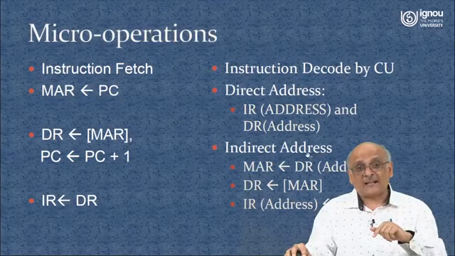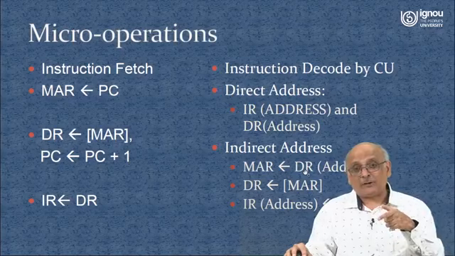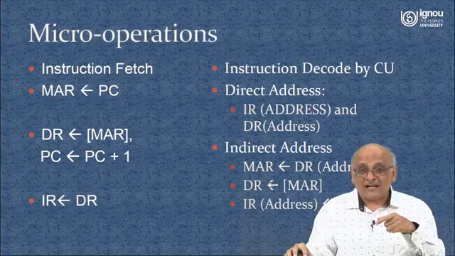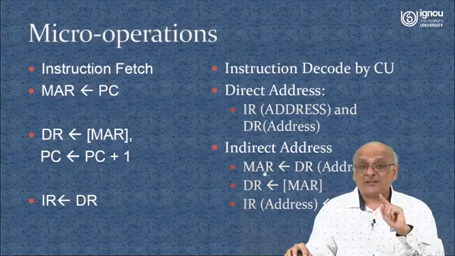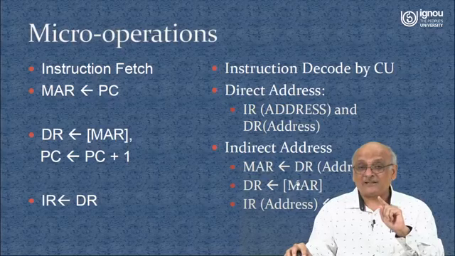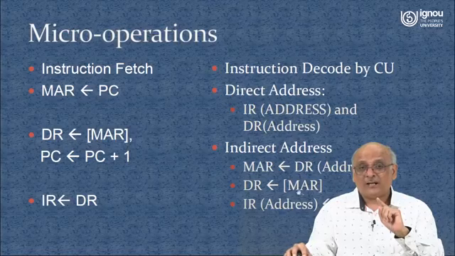However, if it is an indirect address, then what happens? That address will be passed on to MAR. This time we are not fetching the instruction; this is the address of the operand. So the address of the operand is in the MAR register, and that is now being fetched into DR. Whatever we now get from the address portion of the IR will be the address of the operand.